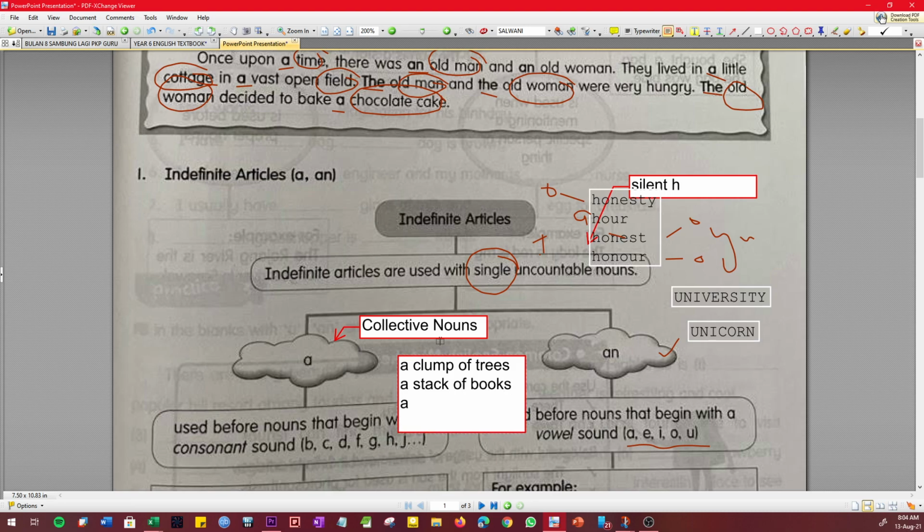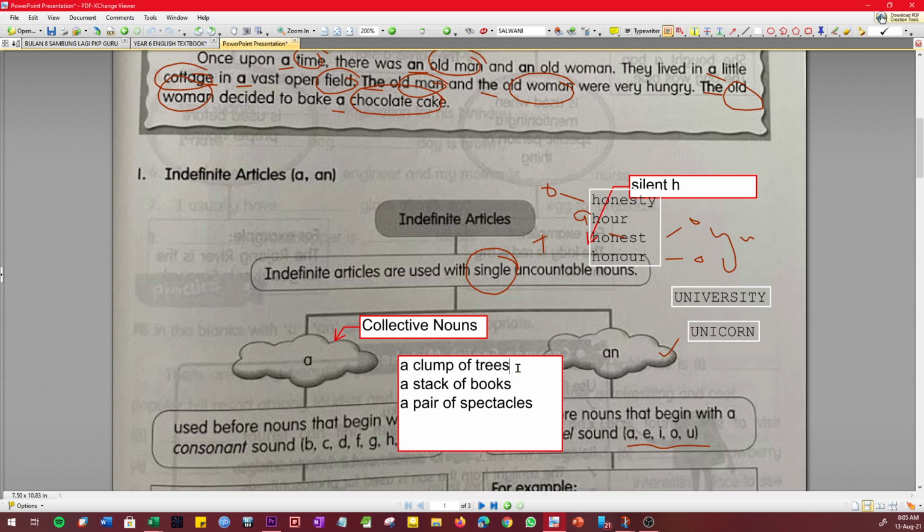A pair of spectacles. Nampak? Right? Dia adalah kata nama bilangan. Berapa banyak? Kita tak tahu. So, kita masukkan je dalam satu kumpulan.